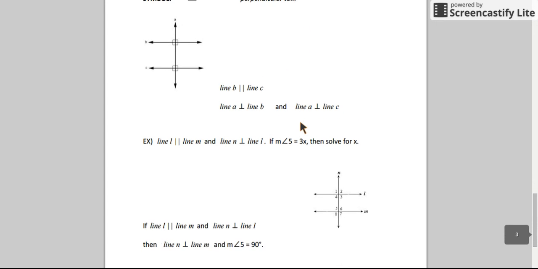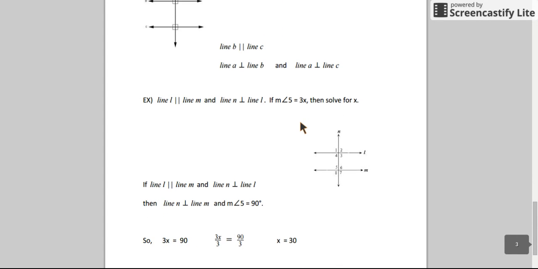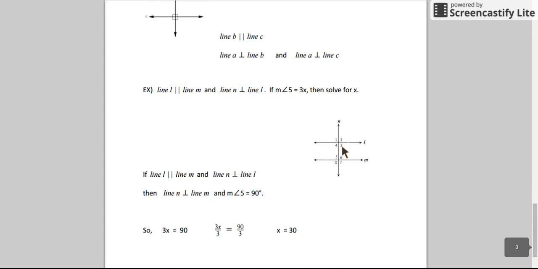We can use that relationship to help us solve some examples. So in this example, we're told that line L is parallel to line M, and also line N is perpendicular to line L. If the measurement of angle 5 is 3 times the number, let's solve for that x value.